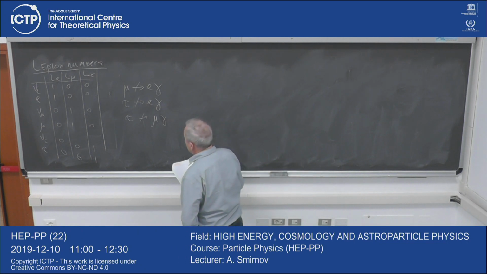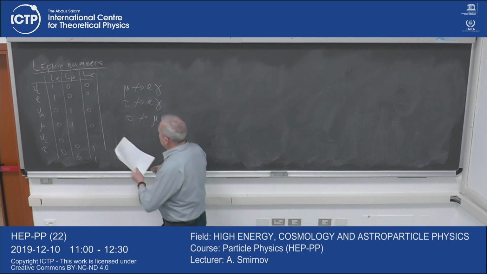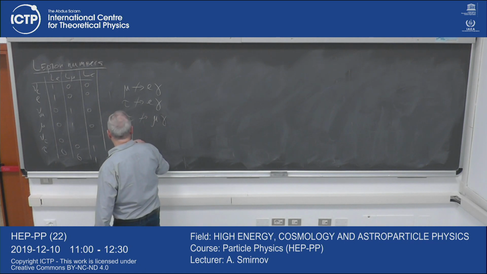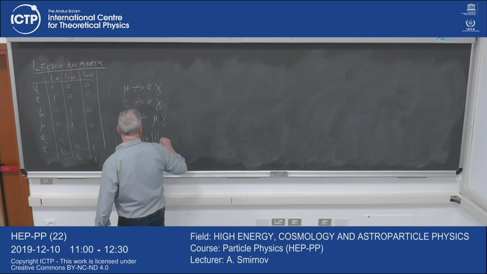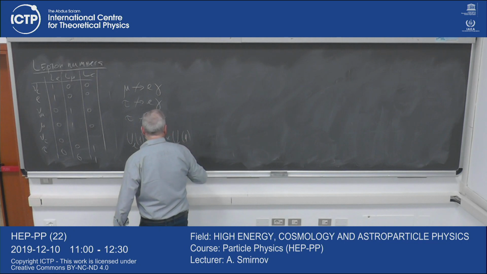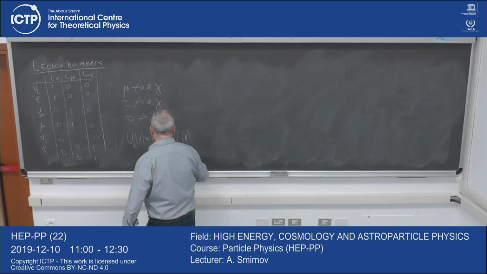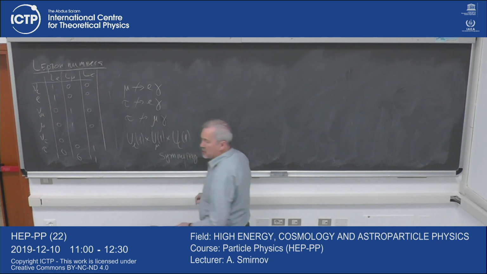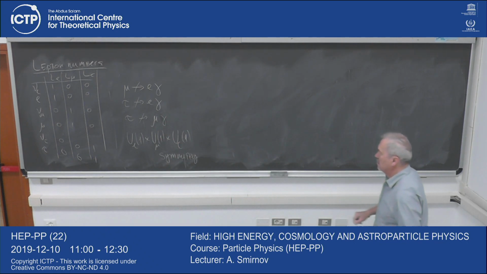By the way, this means that once we introduce these conserved lepton numbers, we have in our theory a U(1)_e times U(1)_mu times U(1)_tau symmetry. I should add that antiparticles have opposite signs of these quantum numbers.